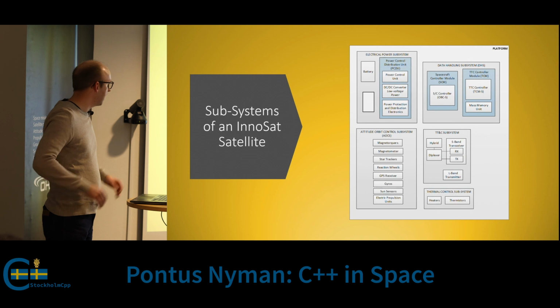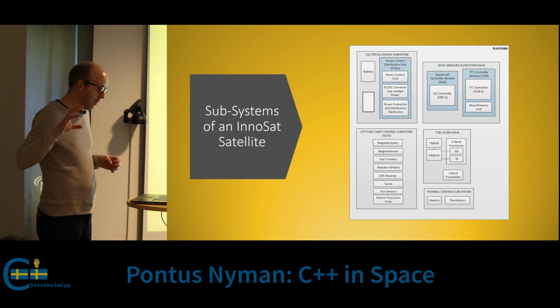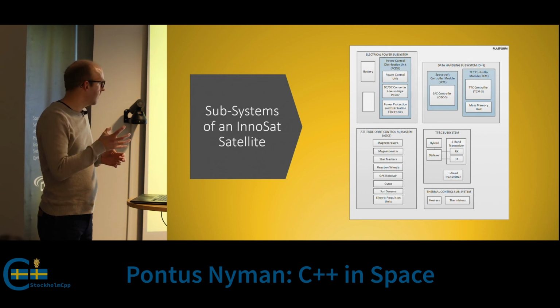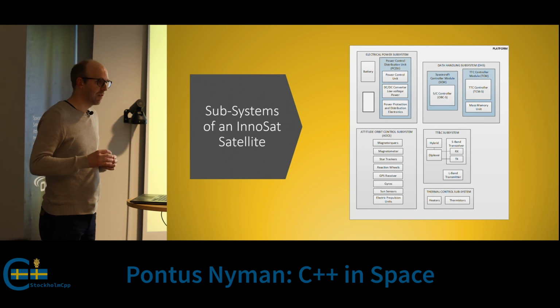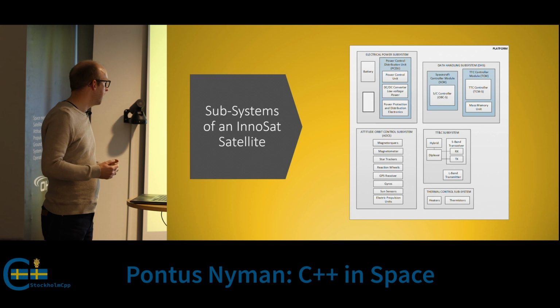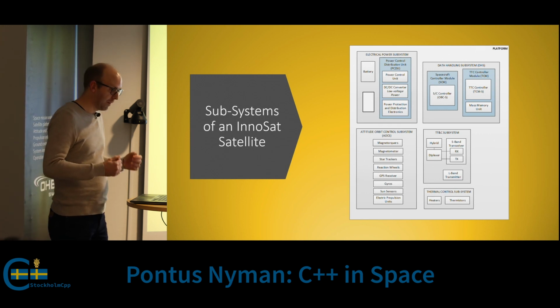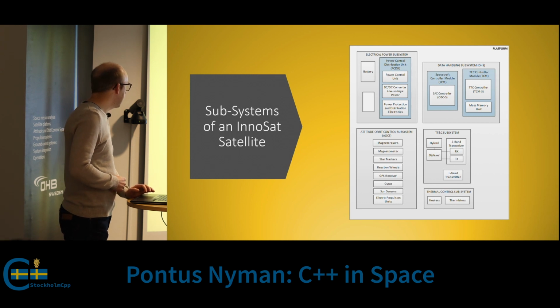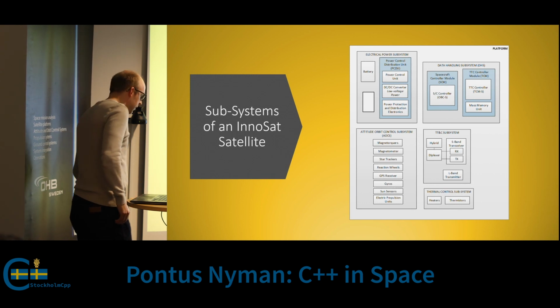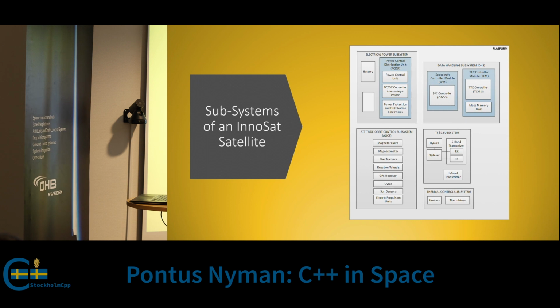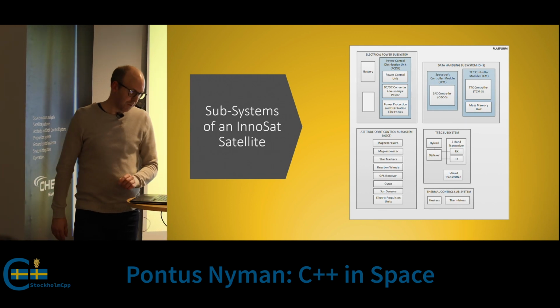When I say control, I mean controlling how we are pointing the satellite and keeping it stable, and also changing the orbit if we have electric propulsion on it. We don't always have that. So I will briefly go through the different devices.